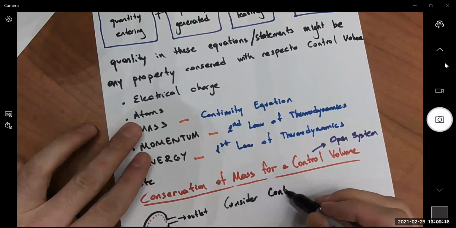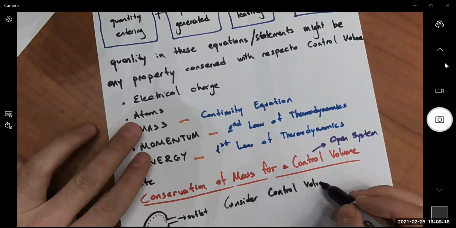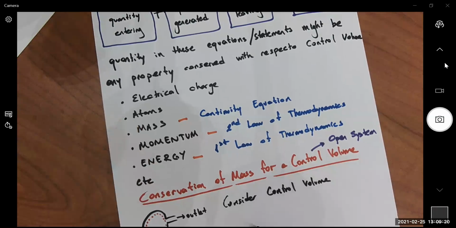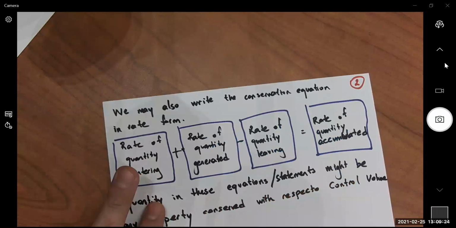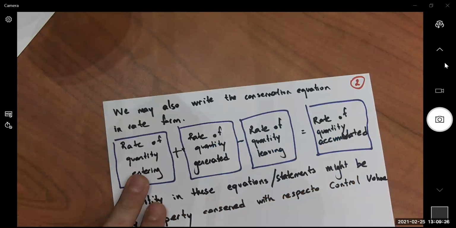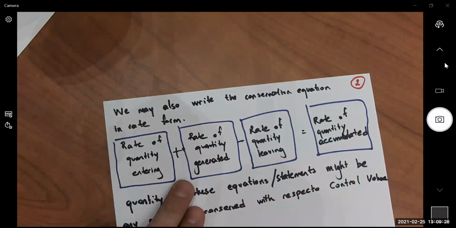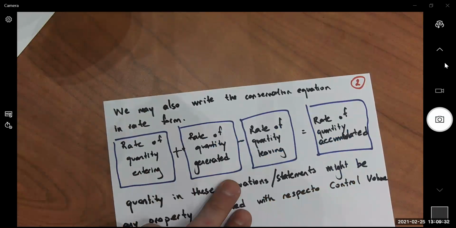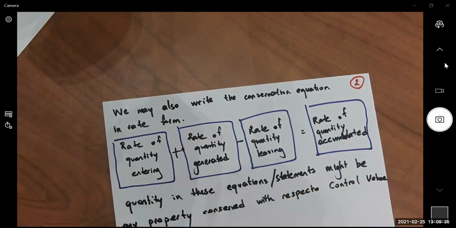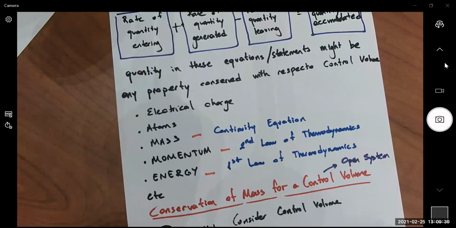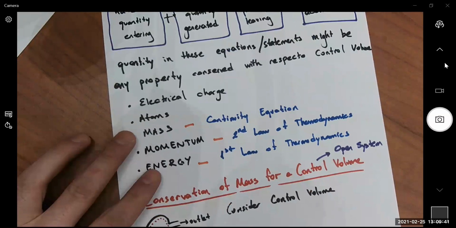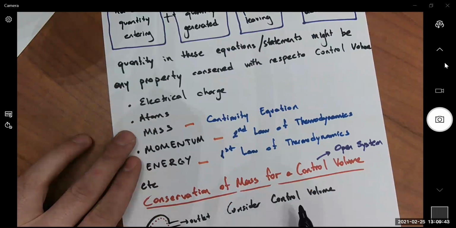So if we go back to our statement here, right? Quantity entering plus quantity generated minus quantity leaving equals quantity accumulated. So let's apply this here. This is our system. In this case, I'm doing conservation of mass.